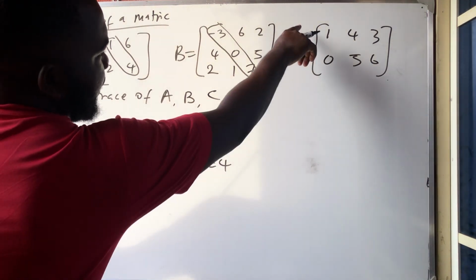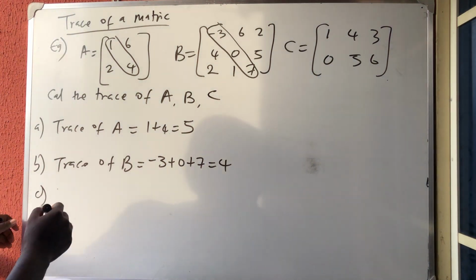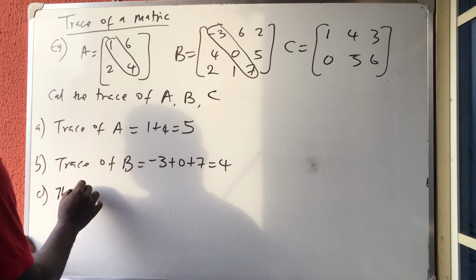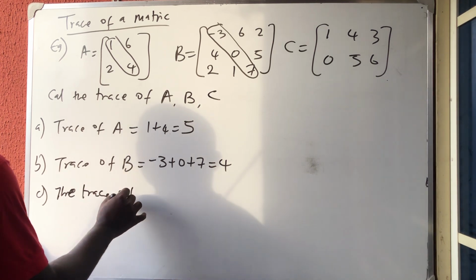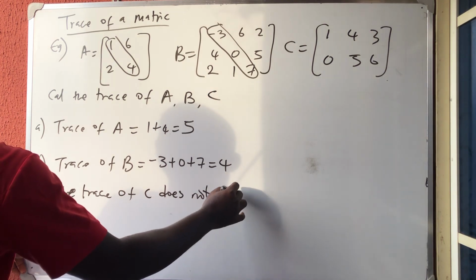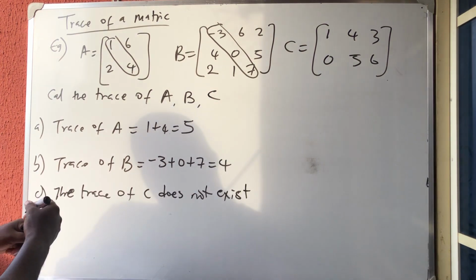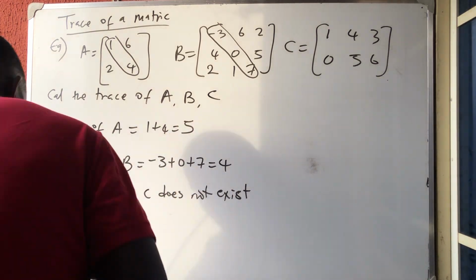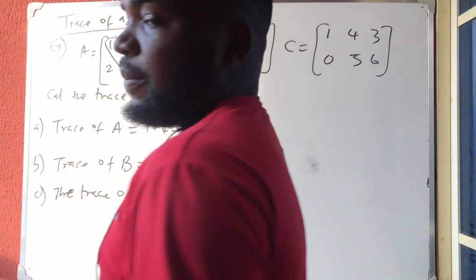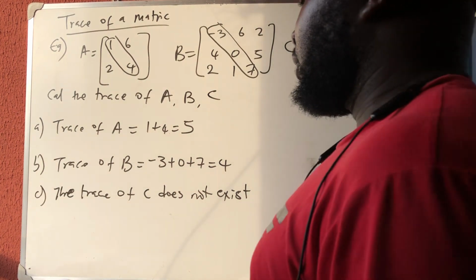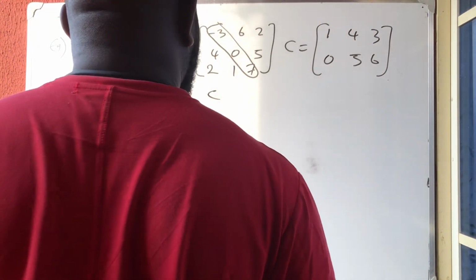Why? Because you cannot even get a diagonal. It's not a square matrix.